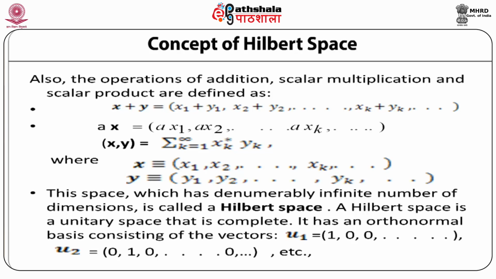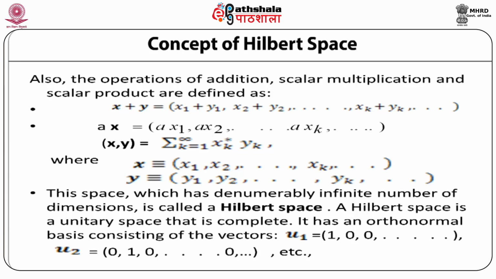If we have infinite sequences x and y, then the scalar or inner product of x and y is defined as the summation k going from 1 to infinity of xk star yk, where xk star is the complex conjugate of xk, and x is the infinite sequence x1, x2, and so on till xk, and so on till infinity, and y is defined as y1, y2, and so on, yk and so on till infinity.